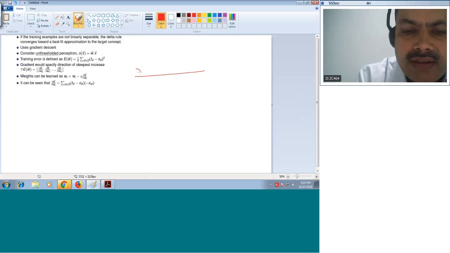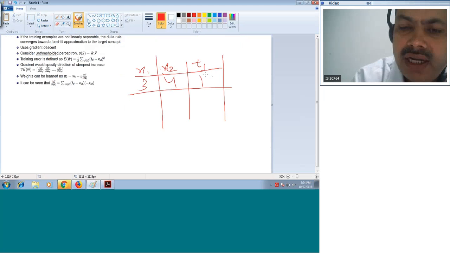I told you that x1 and x2 are my inputs, and the target is the value that I should get. For input 3 4, the target is 1. For 4 2, the target is 0.